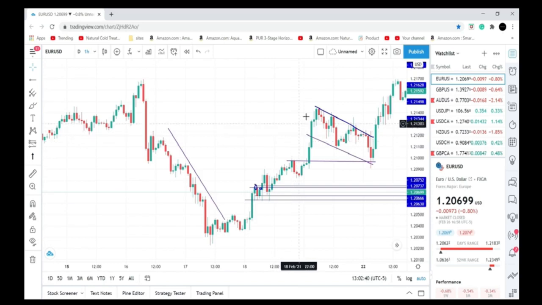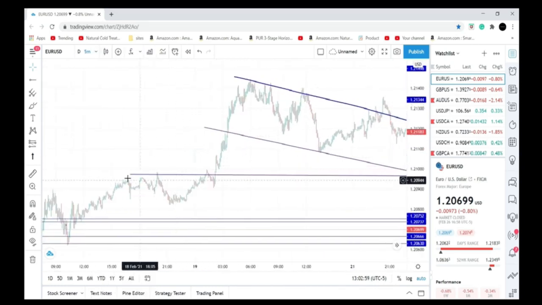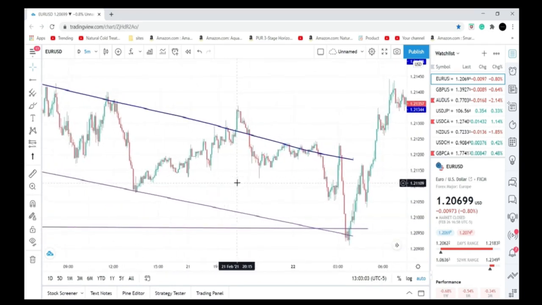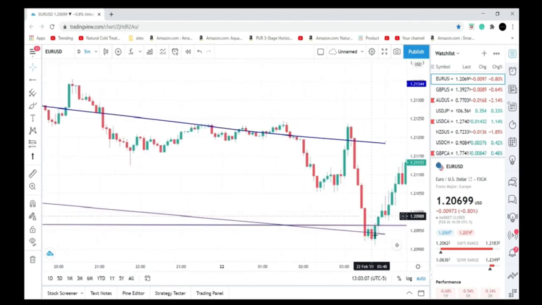Okay, guys, remember this correction right here. I want to show you guys this pullback. So let's go to that 5 minute. Okay. So remember, it came right back to the 1 hour swing high. Right. Now, if you were in this trade right here, it definitely gave you a nice bullish bar right here, right? Not only a bullish bar, it was a nice engulfing bar.